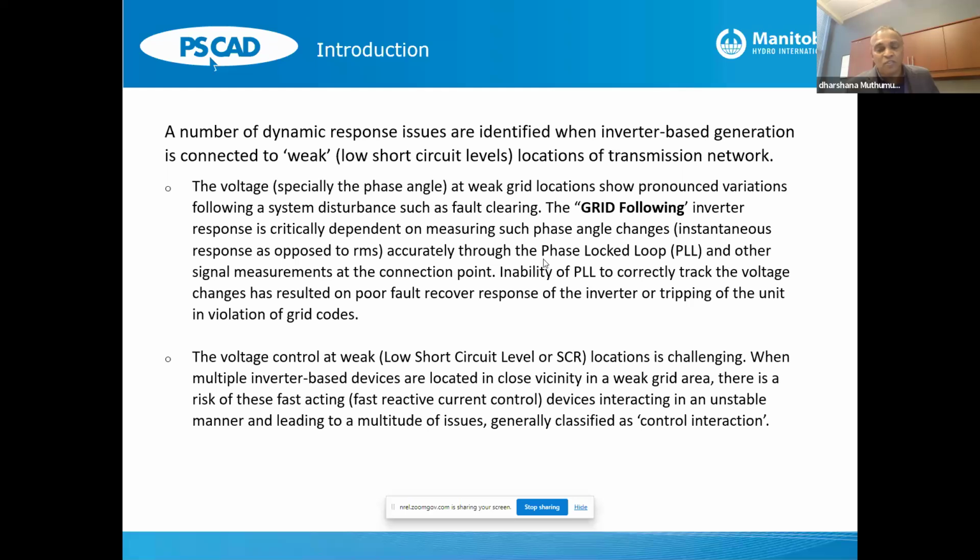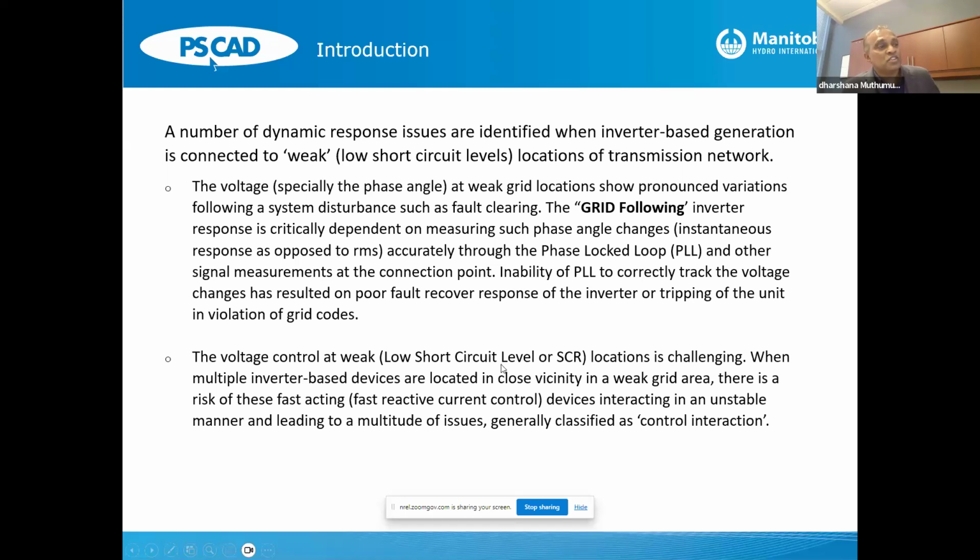Now, tracking of the voltage at the bus connection point correctly becomes more of a challenge when the inverter or the IBR is connected to what we call weak grid locations, right? You identify a weak grid location typically by calculating the short circuit level at the connection point and then calculating the short circuit ratio.